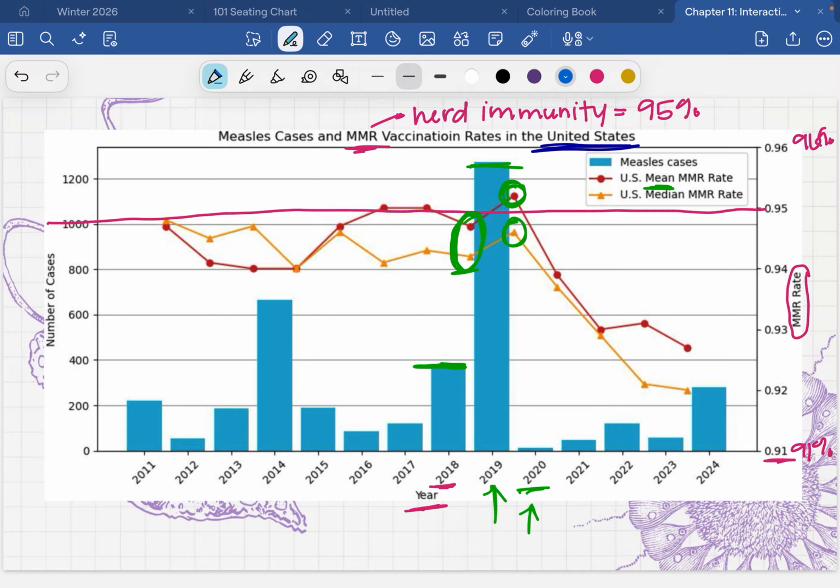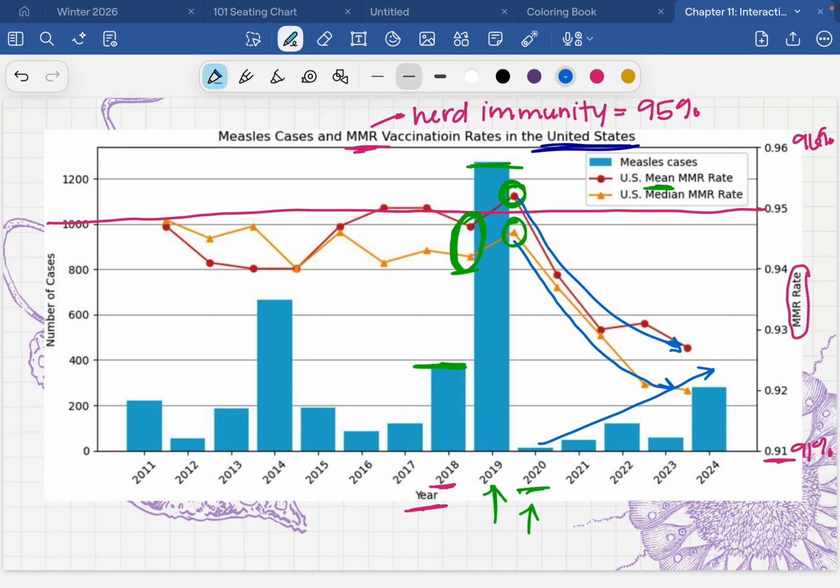For whatever reason, the trust absolutely plummeted. And so vaccination rates from 2020 to 2024, 2025 have continued to drop. Okay, the mean and the median have continued to drop. And almost every year since 2020, the number of measles cases has increased.